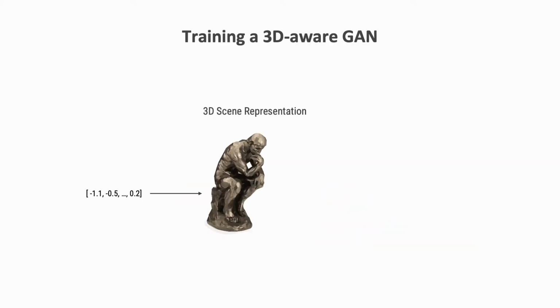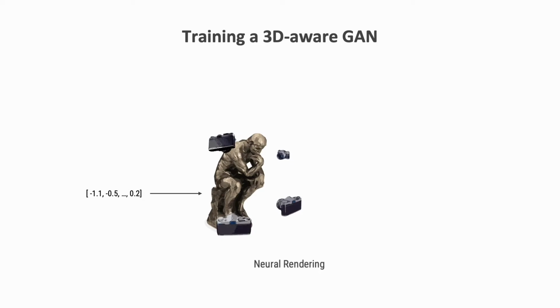Each training iteration, we generate a random 3D scene by conditioning a scene representation on a vector drawn from random noise. But we don't have multi-view images or ground truth to supervise the model. Instead, we select a random camera pose and render an image.